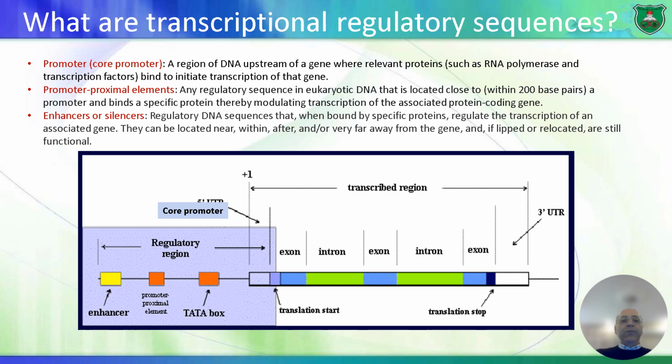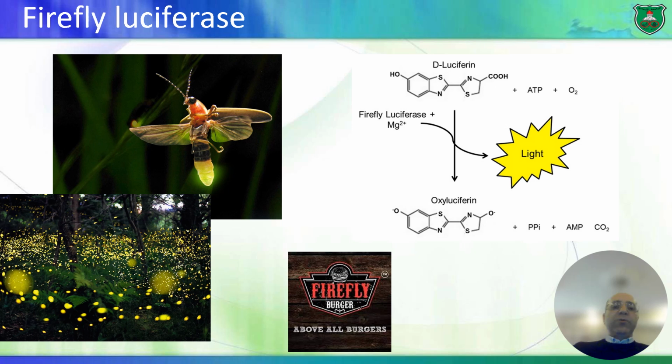So let's talk about something different now and see how we can combine all this knowledge together. We take advantage of an enzyme that is expressed in fruit flies. Fruit flies are these insects whose butts glow. They light up, creating this beautiful scene at night.